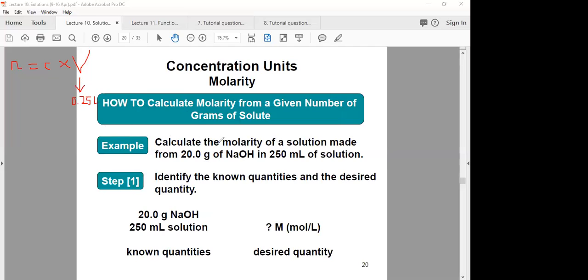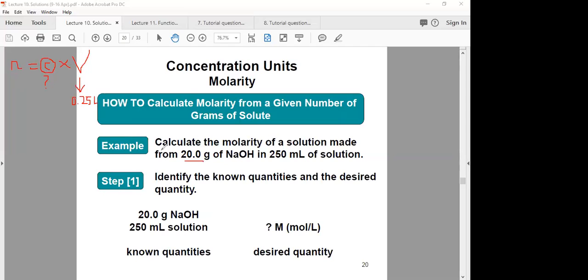We're being asked to calculate molarity, so this is our unknown right here. And what about here? We need to know the number of moles, but we don't have that. We have grams. So we can't use this formula yet, because we've actually got 2 unknowns.